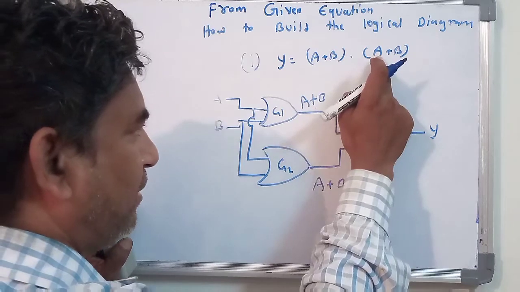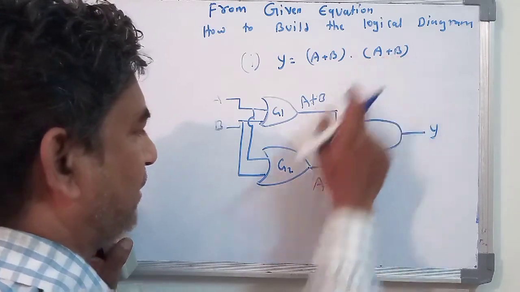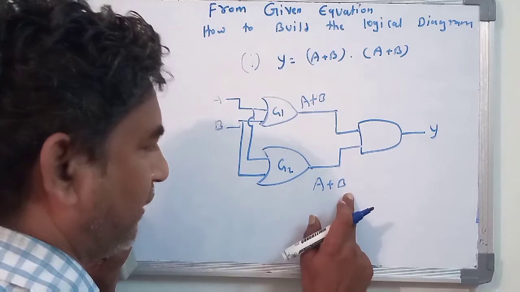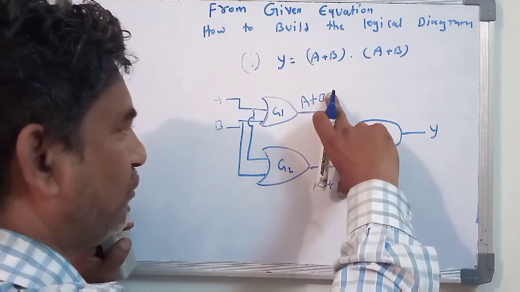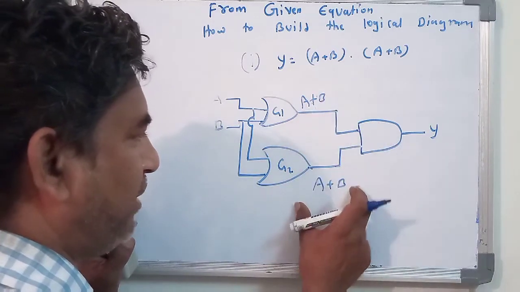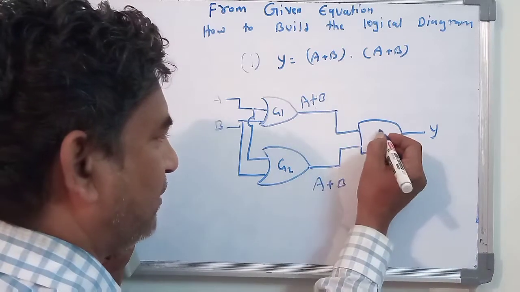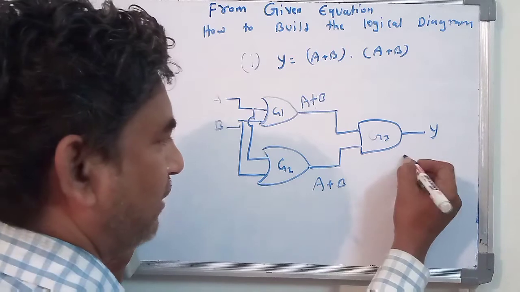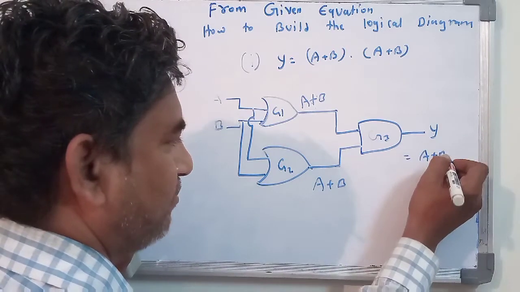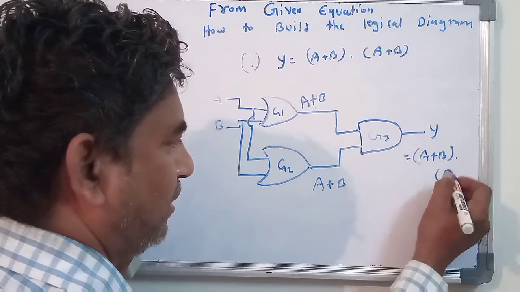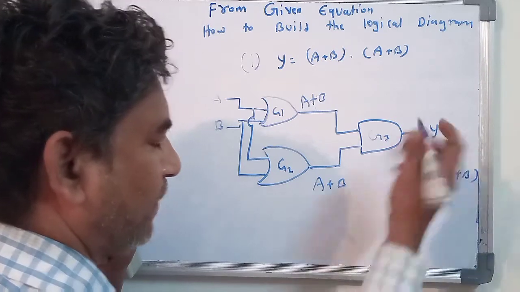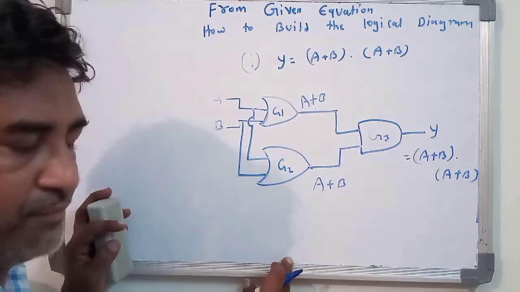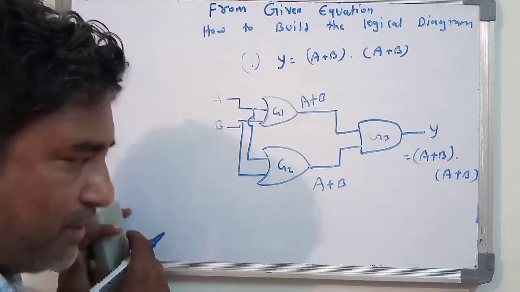Suppose it was written here as C and D, then you would write C and D here. So both the a plus b and a plus b are input to gate number 3, that is the AND gate, and the output obtained is (a plus b) dot (a plus b). Okay, students, so this is the first method.